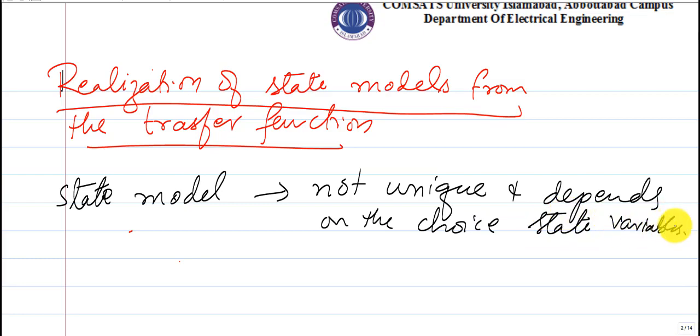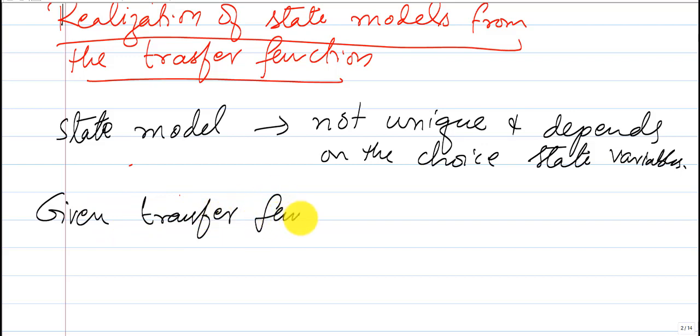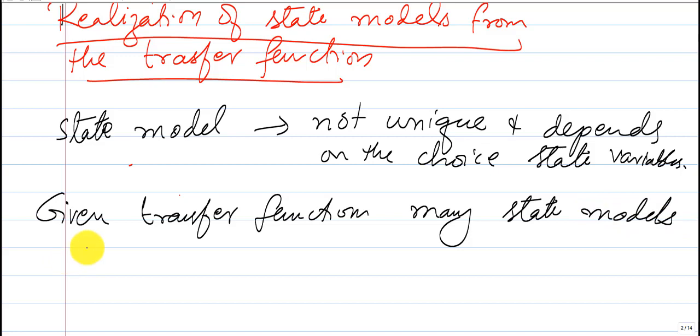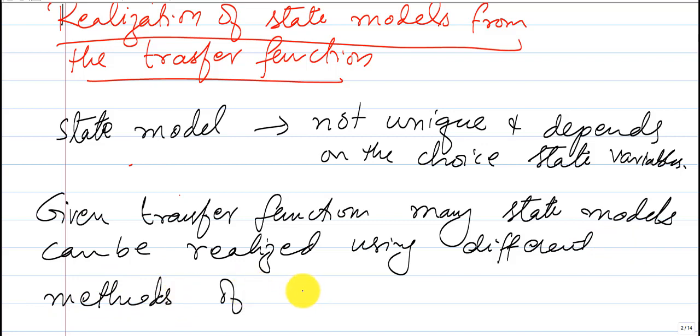It means that if we have a given transfer function, many state models can be realized using different methods of processing the transfer function.